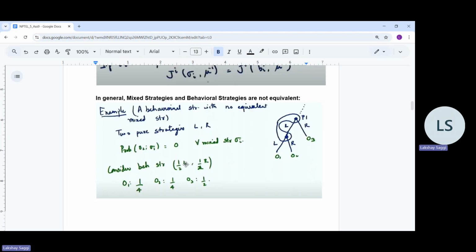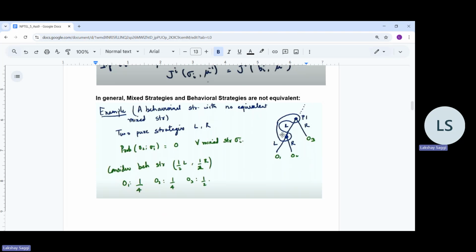But note that in a behavioral strategy, there will exist a strategy where P1 will be able to reach O2. The game can end at O2. So consider the behavioral strategy of P1 playing L with probability half and R with probability half. What does this mean? At the first stage, P1 plays L with probability half or R with probability half. So with probability half, P1 comes here.